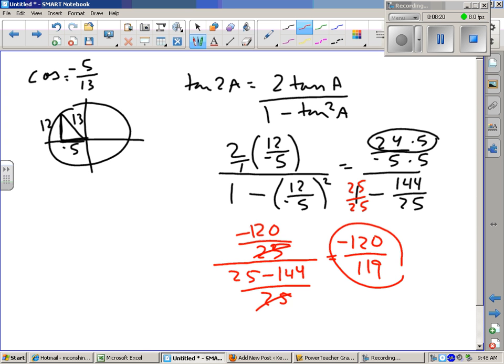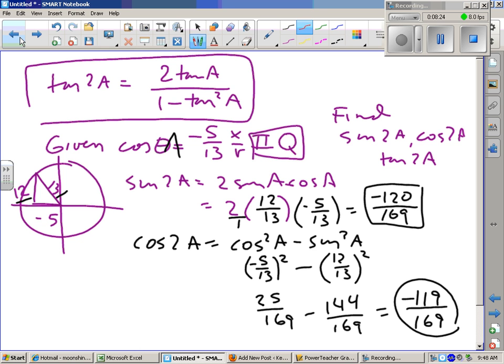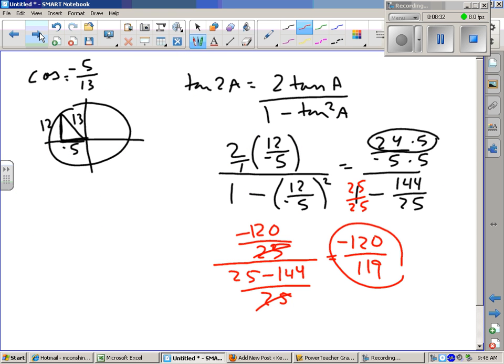Now I want to go back a page and have you notice something. The two answers I got, look at the numerators, 120 and 119. Go back here, 120 and 119. Technically that's a minus. So negative 120 over 119 is the answer because tangent is sine over cosine.